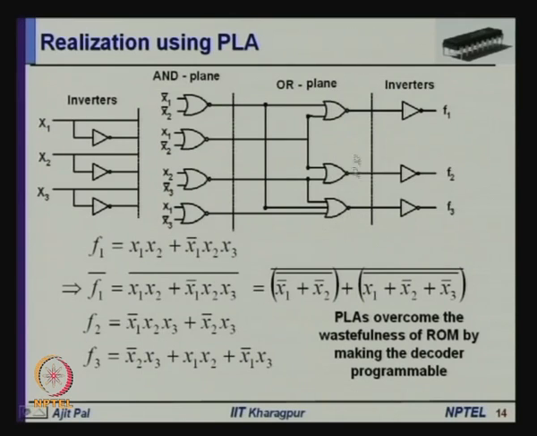However, after performing this AND and OR, it may not produce F1, it may produce F1 bar, because you will be realizing not by using AND OR logic, but by using NOR structures. So, since you will be realizing by NOR in this manner, this is one NOR. You can see F1 is equal to x1 x2 plus x1 bar x2 x3, that can be realized in this form.